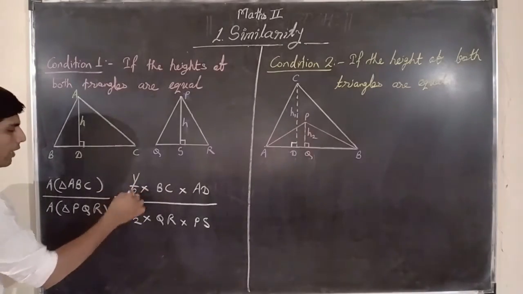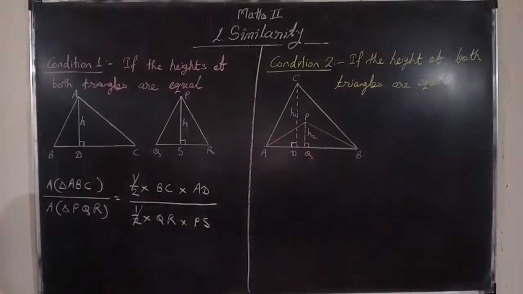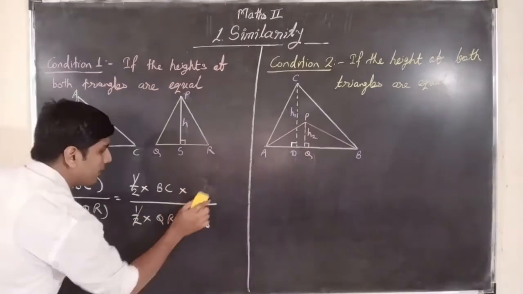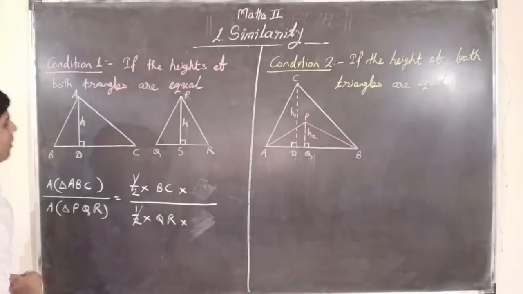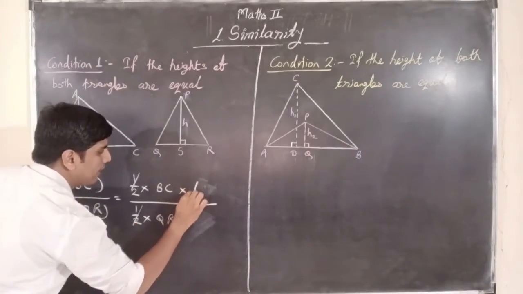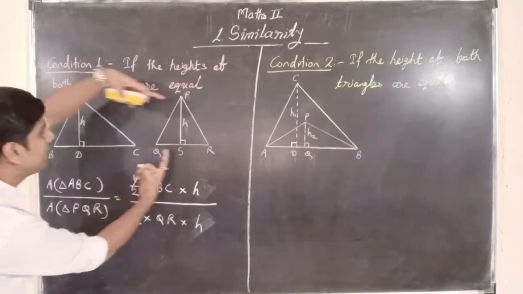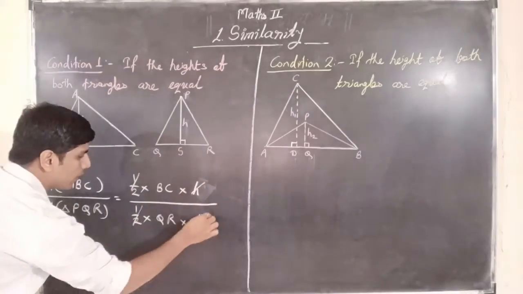Now 1 by 2 will get cancelled with 1 by 2. In both cases we know the height is the same. So let's substitute: the height of the first triangle is h and the height of the other triangle is also h. As the height is the same, it will also get cancelled.